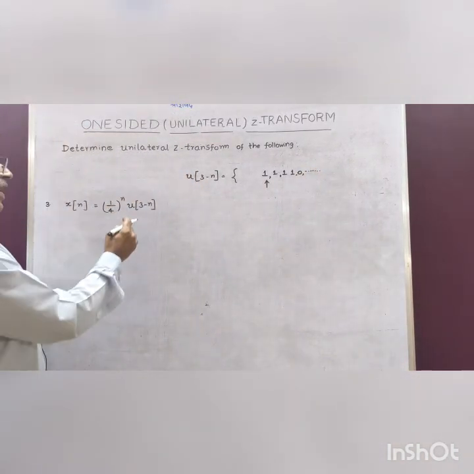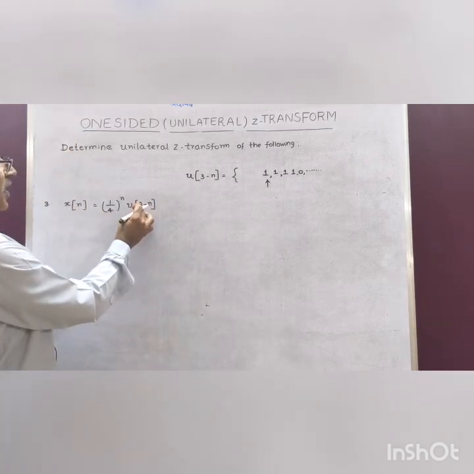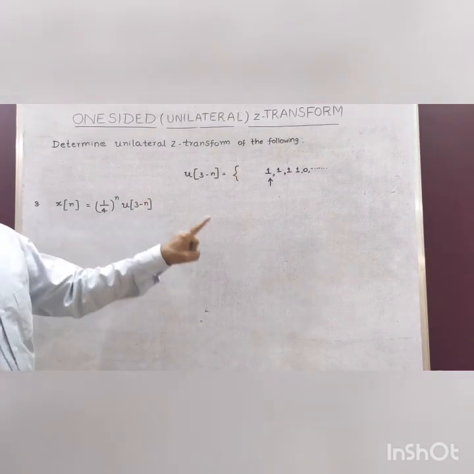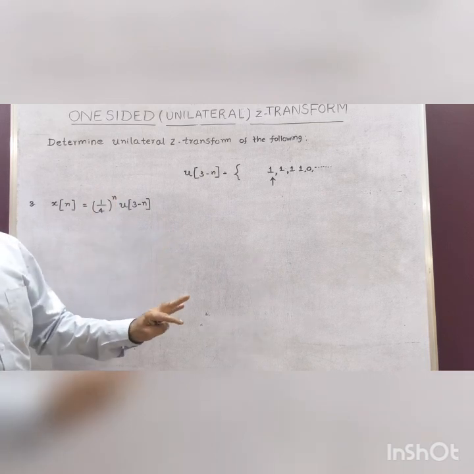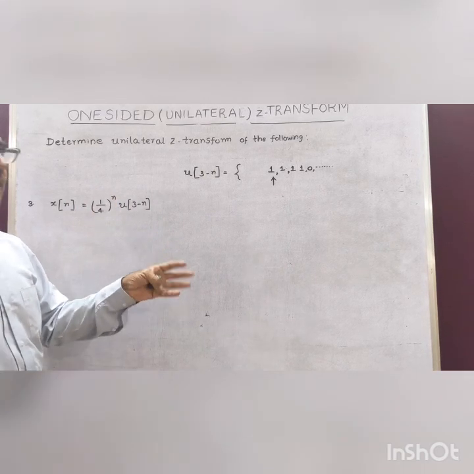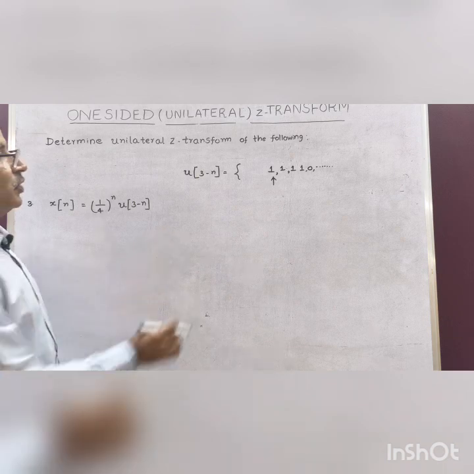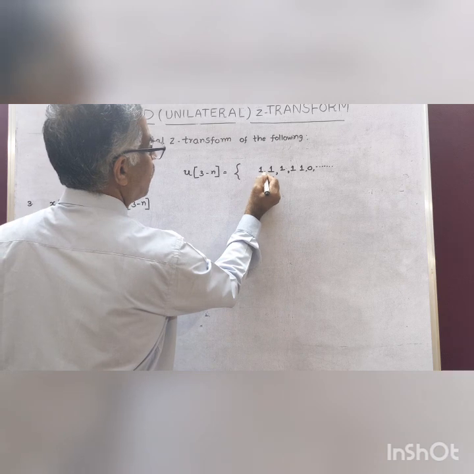Now, for n less than 0, for example, n equal to minus 1, 3 minus of minus 1, it is positive. Next, n equal to minus 2, 3 minus minus 2, that is 3 plus 2, 5. So for negative values of n, its value is 1.